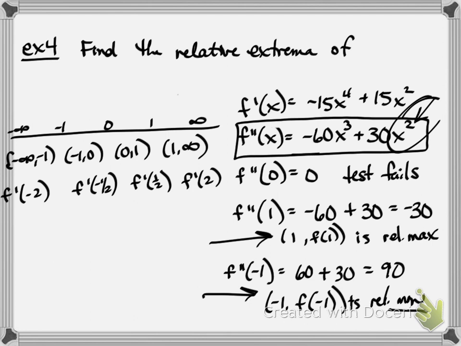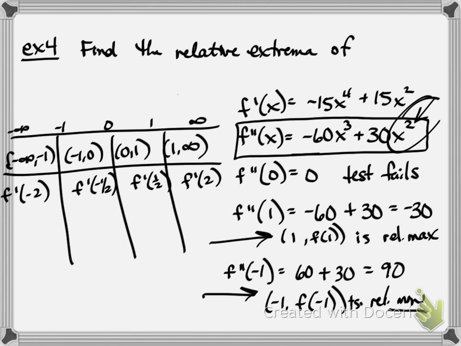So when we test these numbers in the first derivative, negative 2, testing here in the first derivative, would give us a larger negative. So this would be negative, so it would be decreasing.